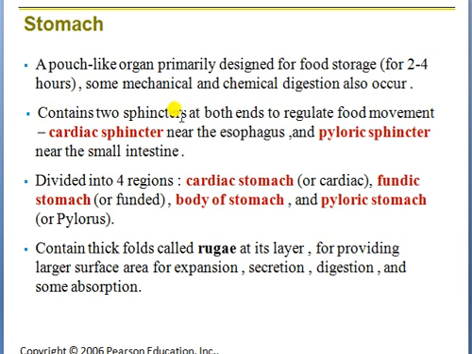Okay, coming to the stomach, it has two sphincters, the cardiac sphincter and the pyloric sphincter. The cardiac sphincter is at the entrance of the stomach, between the esophagus and the stomach.